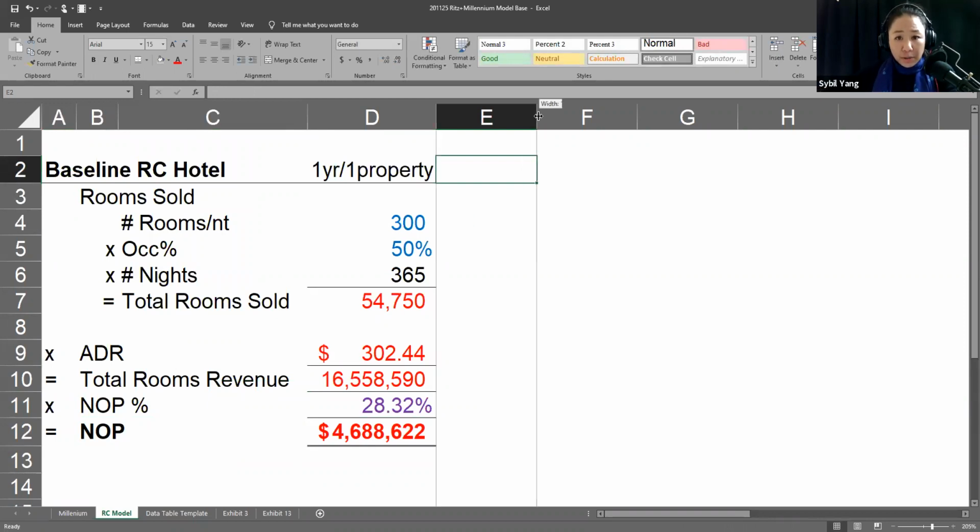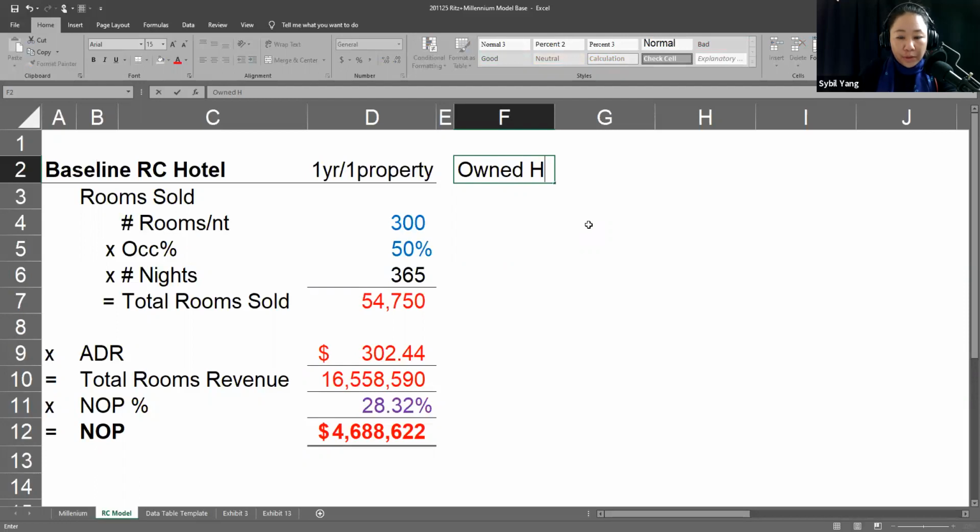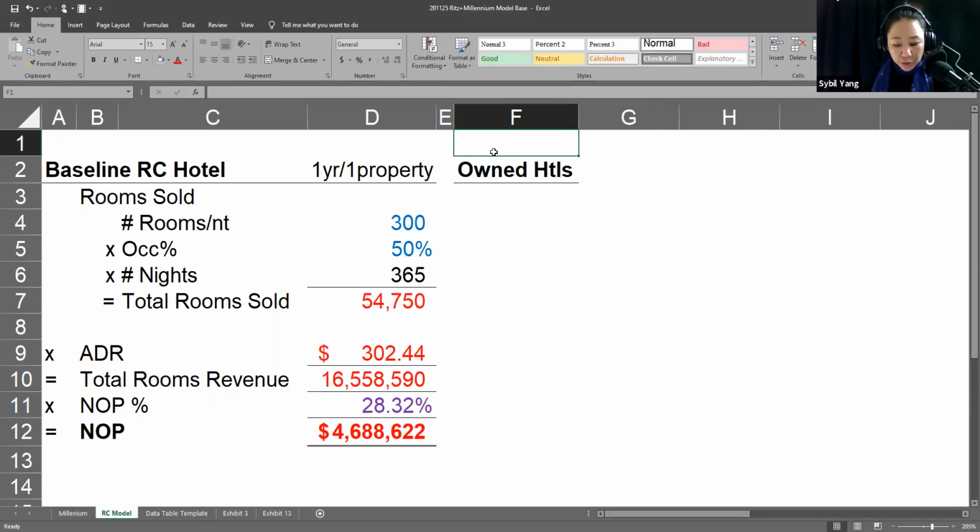Now, Ritz-Carlton owns some hotels, right? So I'm going to say owned hotels. Bold, put a line there. And we have as a given inside the case that Ritz-Carlton owns or has equity in 13 of those properties. Assume they keep the profits on all 13 of those properties.